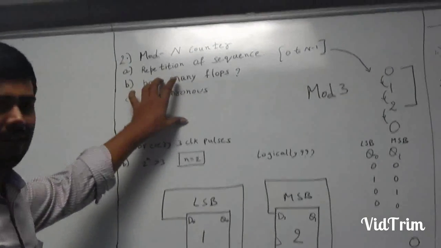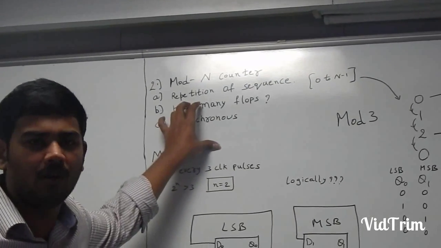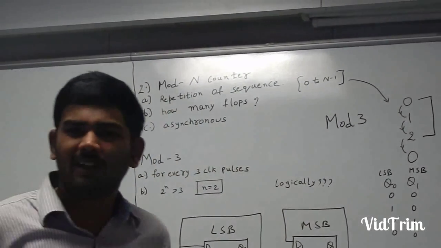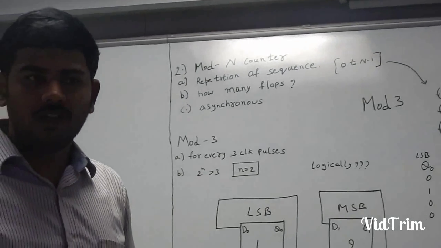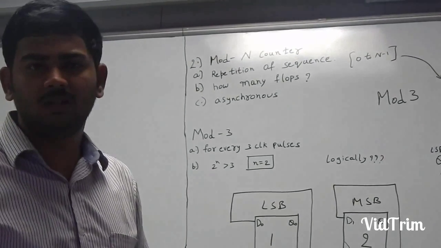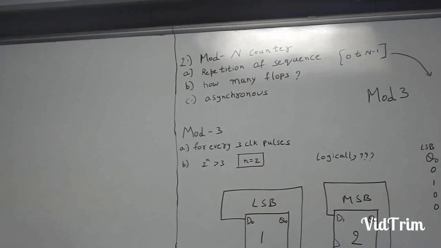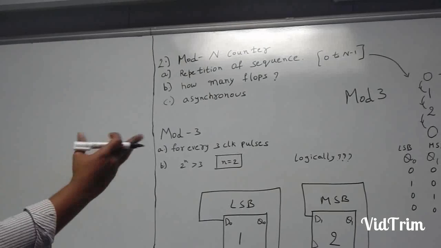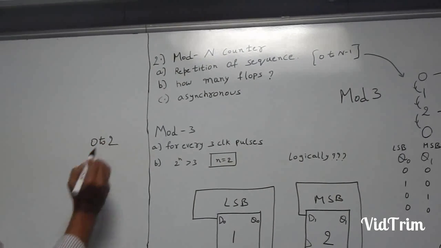The first question to answer before designing a mod counter is how many flops it has. There are two approaches: one is formula based and one is logical. For example, to represent a mod 3 counter, it counts from 0 to 2.